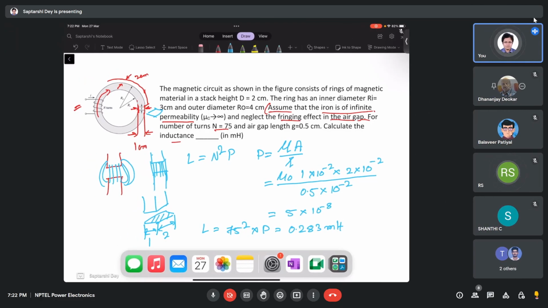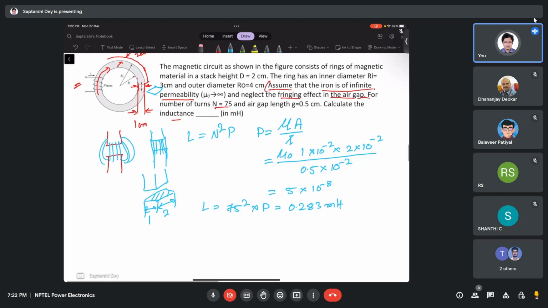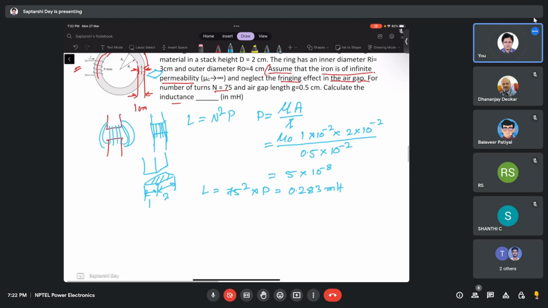All right. So now we look at this fringing. Can you tell me that if we still consider infinite permeability of the magnetic material, but now if we consider fringing, the new L value that we will get, say L primed, will it be lesser than L, or greater than L, or equal to L?